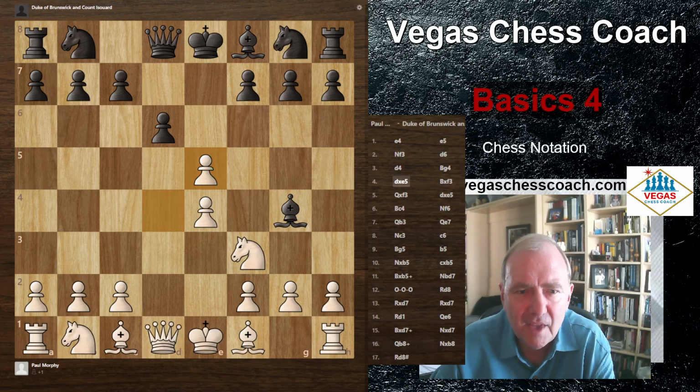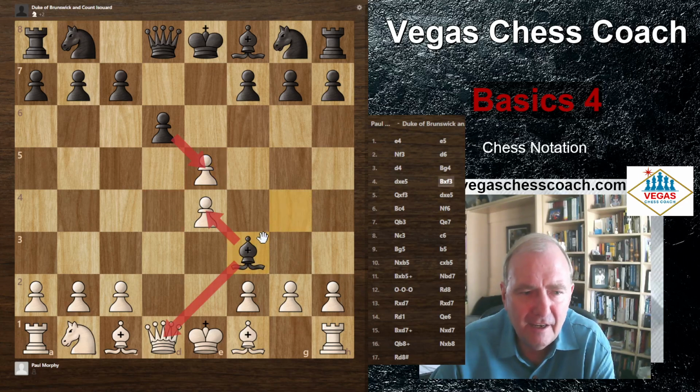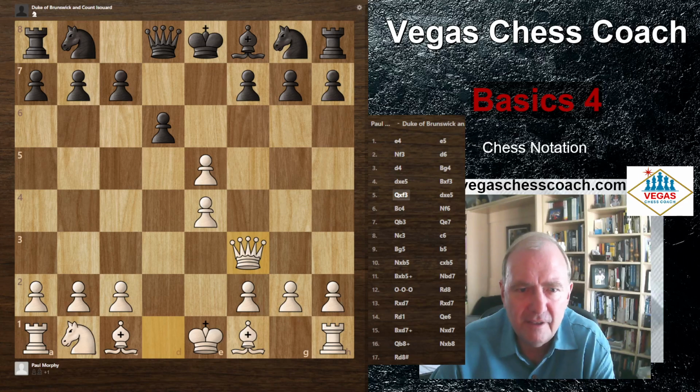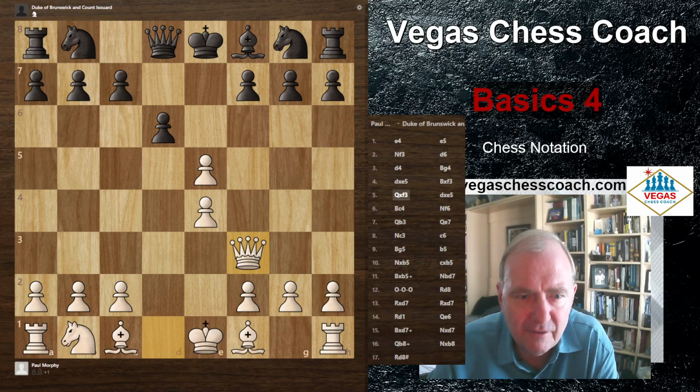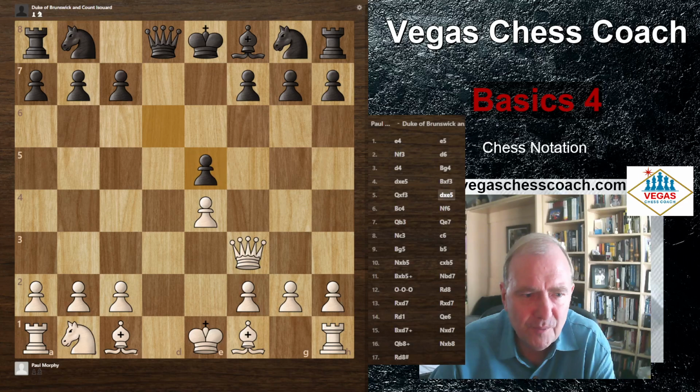Then the bishop is now taking the knight on F3. So all we write down is the bishop B is taking on F3, with an X between the B and the F. Queen takes F3, so it's Q, X, F3 for taking.